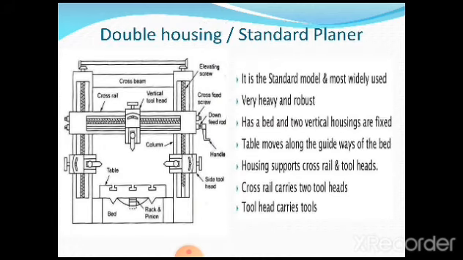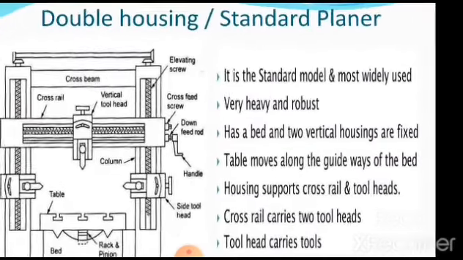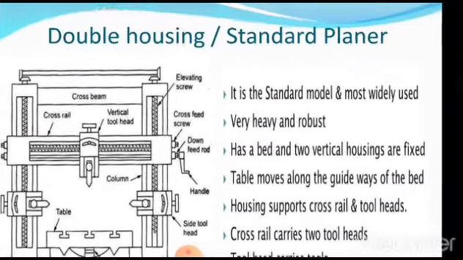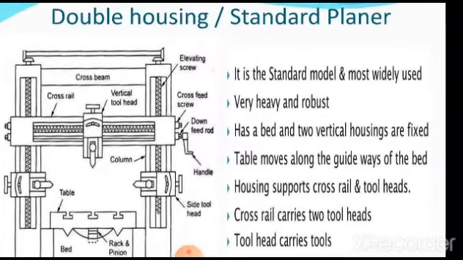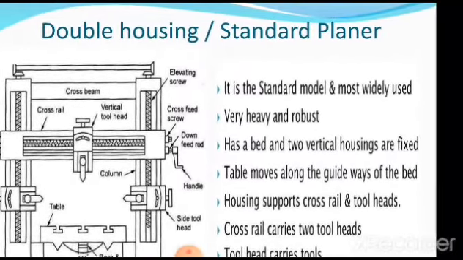Now let us understand how the working of the standard planer takes place, along with its construction. It is a standard model and the most widely used in workshops and industries, especially in industries. It is very heavy and robust.